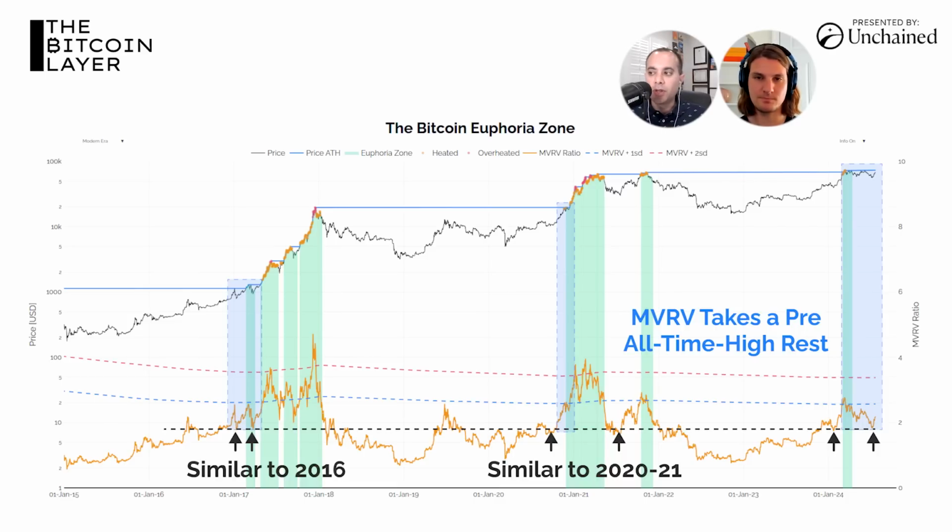And so the more time that goes by, the higher the realized price of Bitcoin can go, leading to a scenario in which MVRV isn't reaching astronomical levels upon the breakout. And so you and I are looking at MVRV in a similar way.